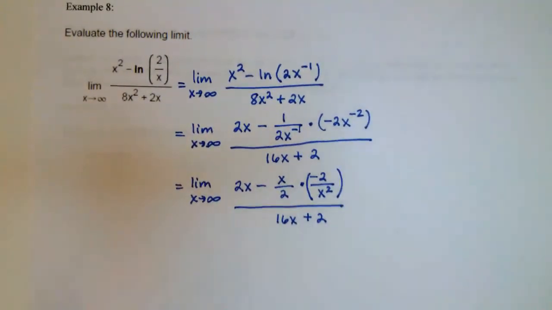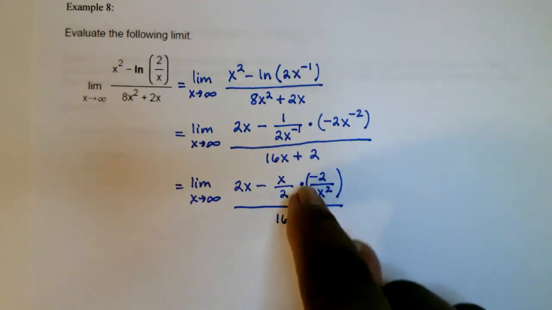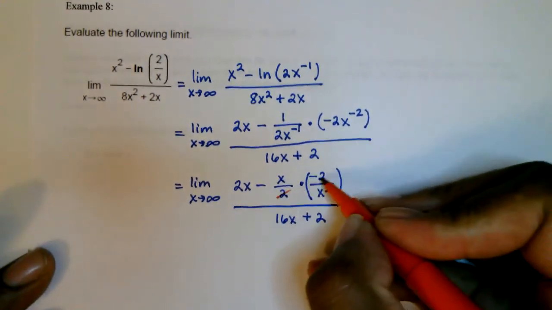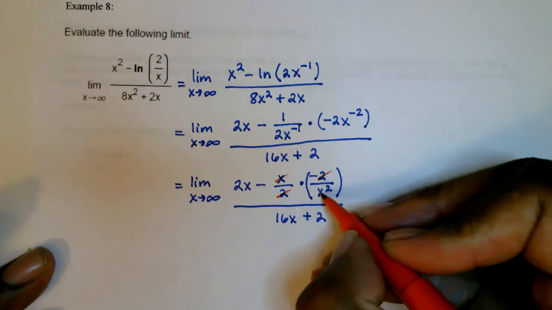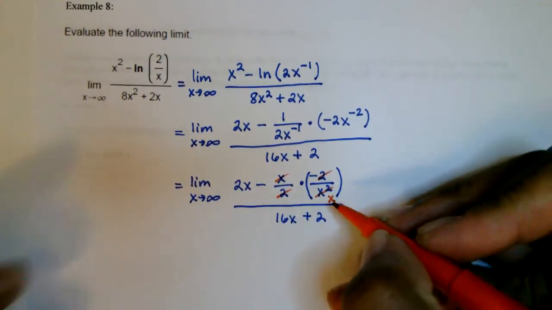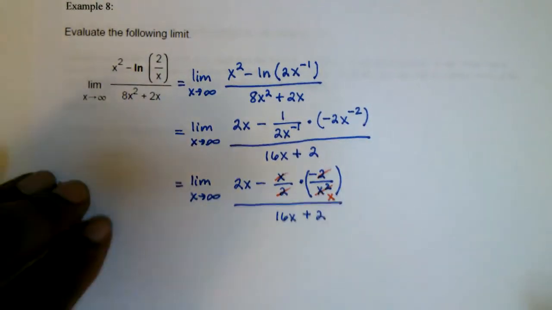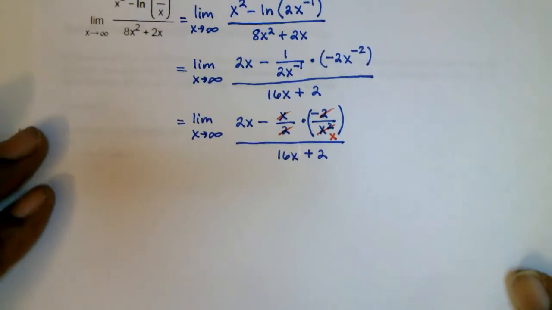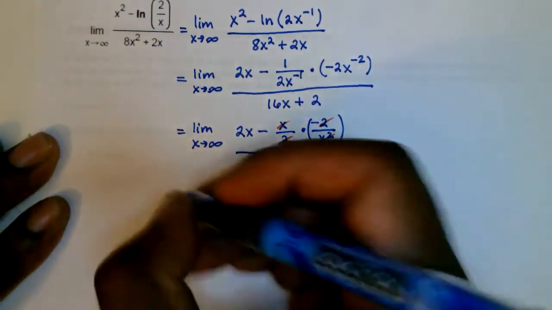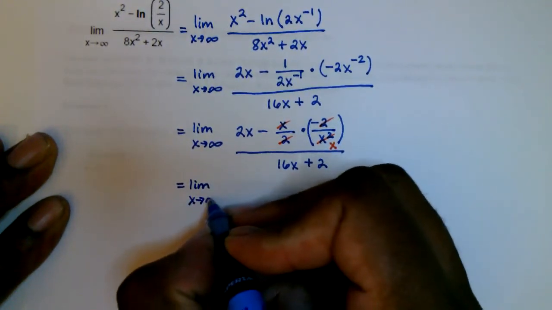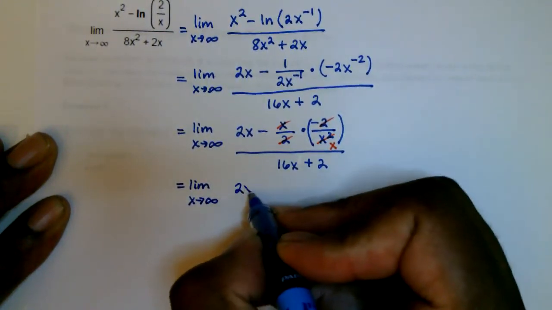All right, now let's simplify this part a bit, because as you're going to see, the 2's divide out. And one of these x's divides out with an x in the x squared, leaving me with an x here. So next we're going to have the limit as x approaches infinity of 2x.